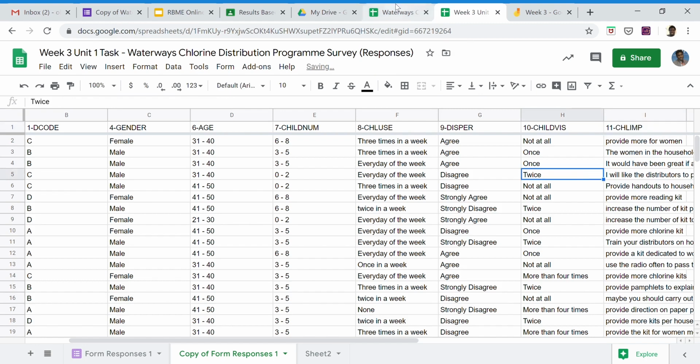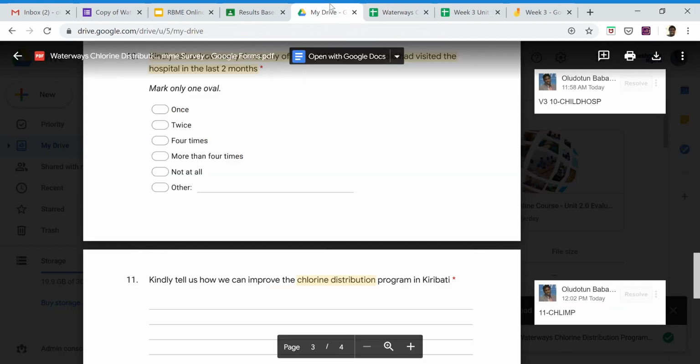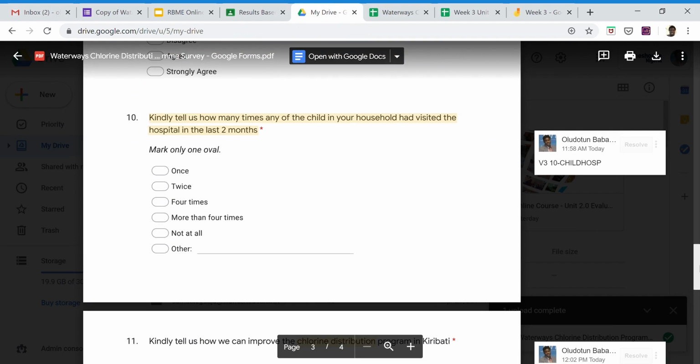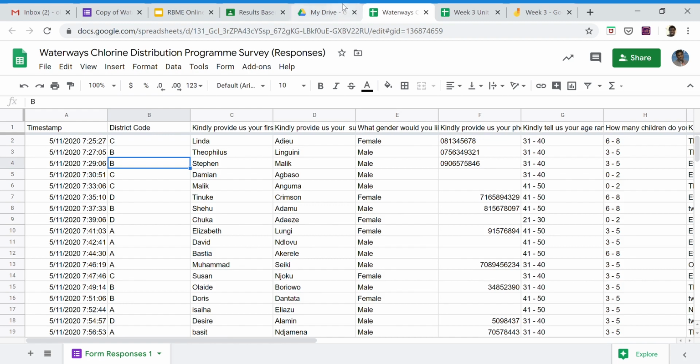So it's important, you would definitely want it to be the same thing as what you have on your sheet. This is child OSP number 10. Child OSP. Yep. And 9 is what?